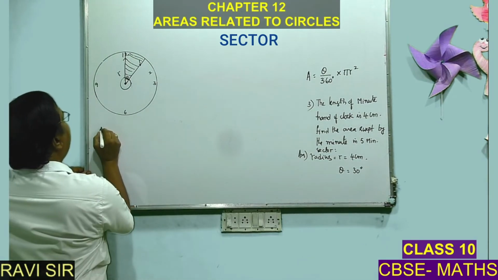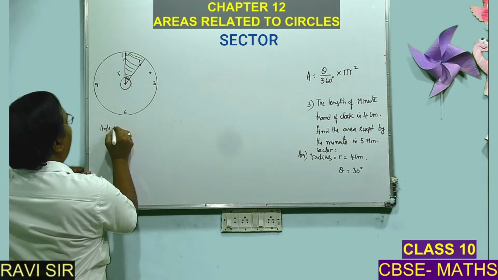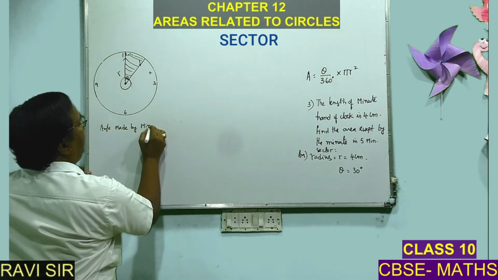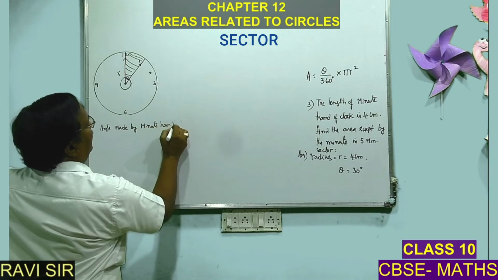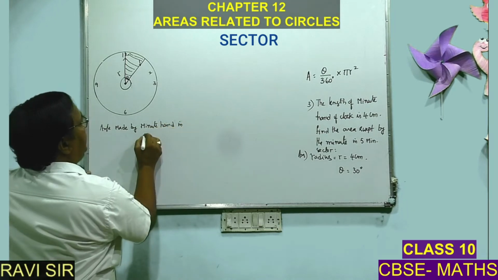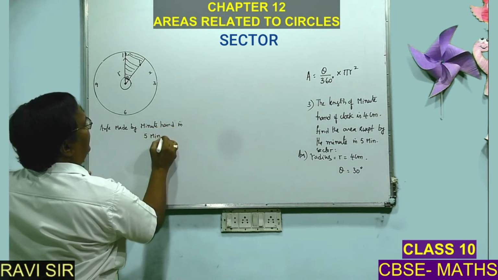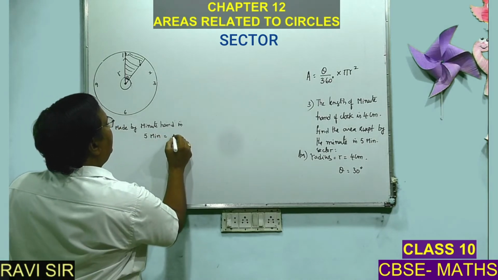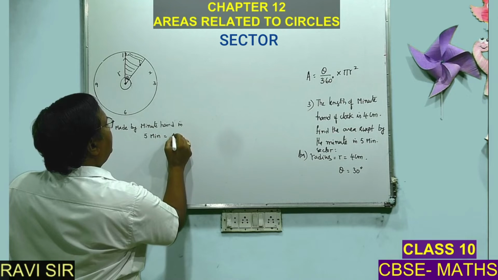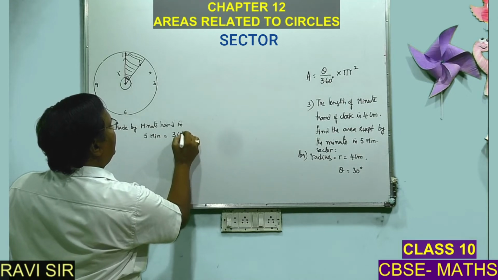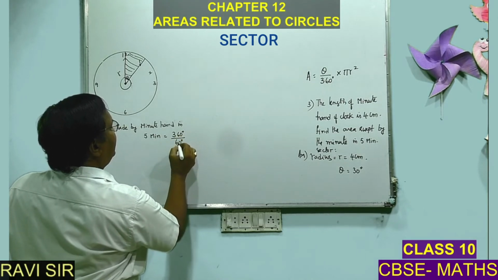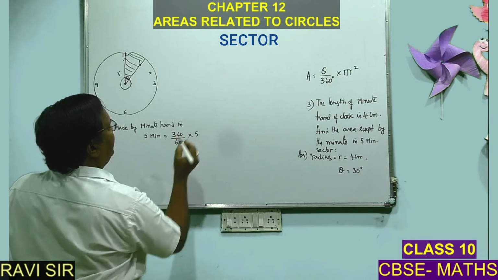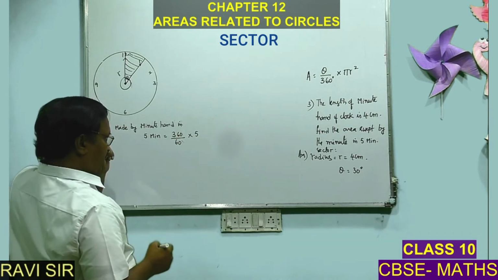Angle made by minute hand in 5 minutes is equal to 360 degrees divided by 60, into 5 minutes.